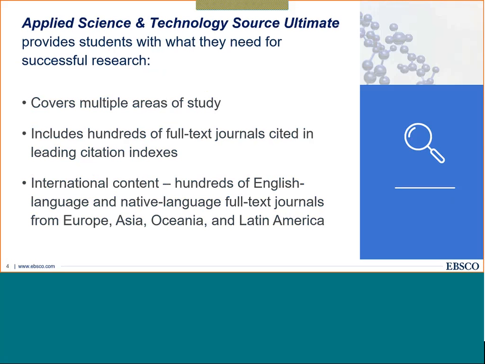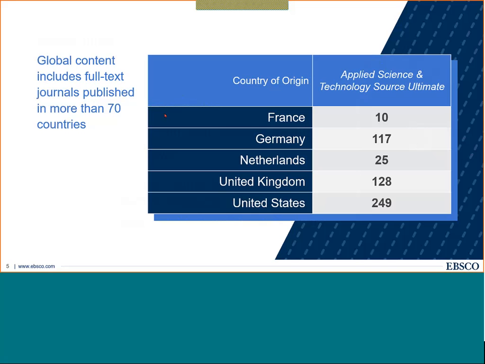It covers multiple areas of this field, and it's a full-text database. So you can find there hundreds of full-text journals cited in leading citation indexes, and the content is international. There is not only English language content, but also native language content of journals that are published all over Europe, Asia, America.